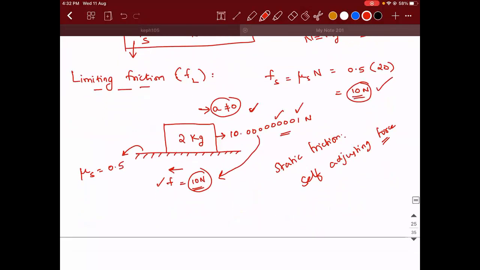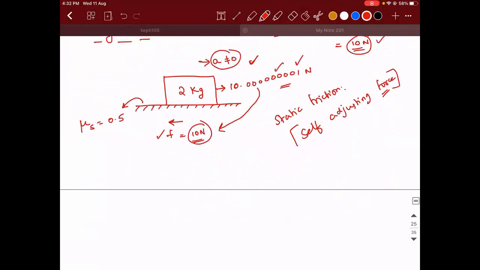Okay. So static friction is a self-adjusting force, and the maximum static friction that you're trying to talk about is what is called limiting friction. As the name suggests, limiting means it is the maximum value.